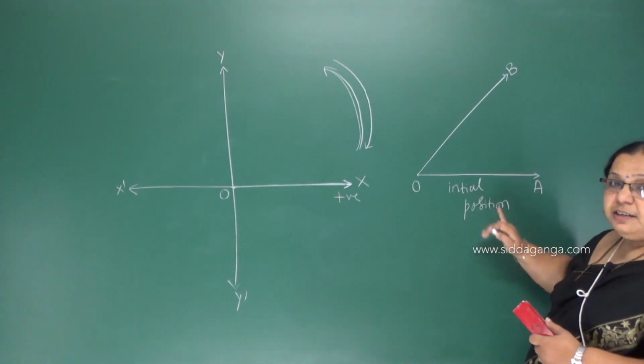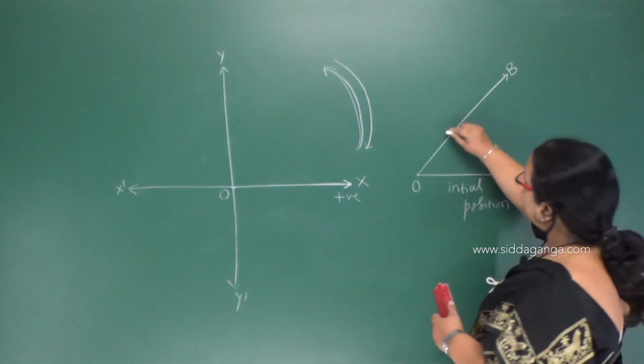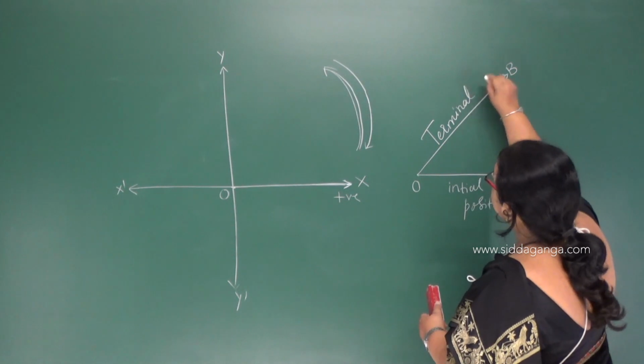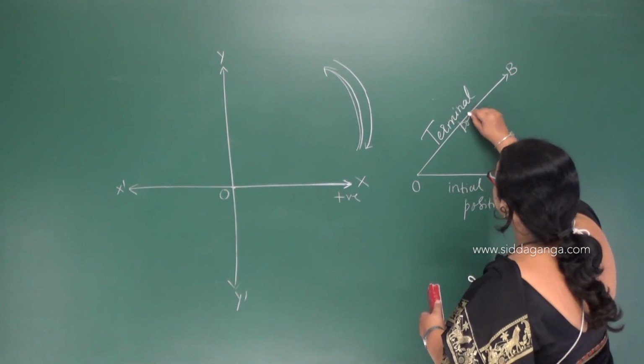OA is the initial position and OB is the terminal position of a ray.